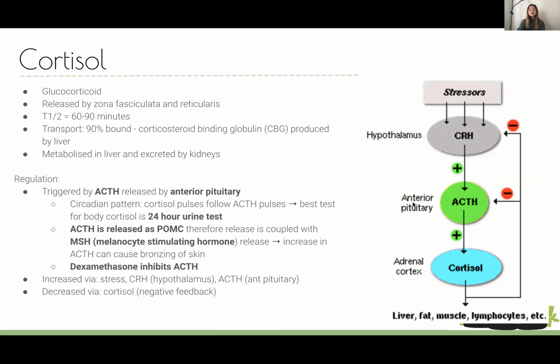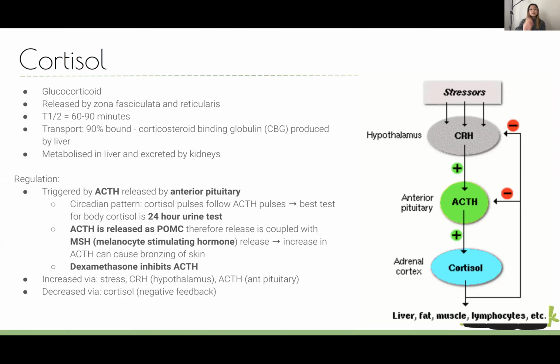But in doing that, it also releases MSH, or melanocyte stimulating hormone. That means an increase in secretion of ACTH will also increase your MSH, and that can cause bronzing of your skin. And dexamethasone is used to inhibit ACTH, and that's involved in some testing that we'll go through a bit later.